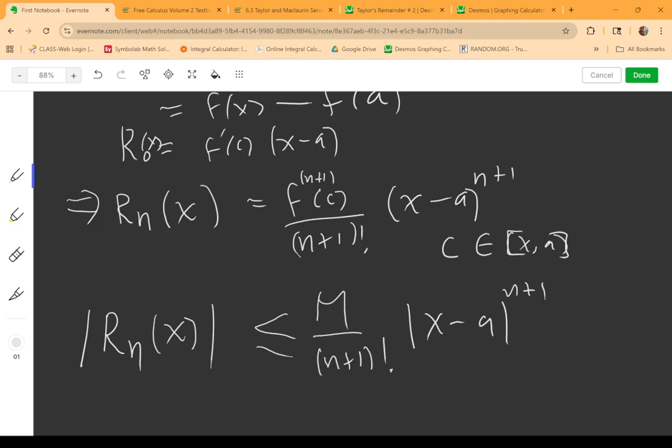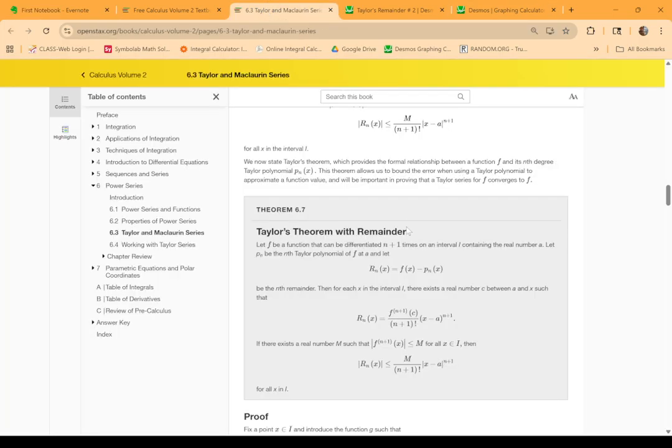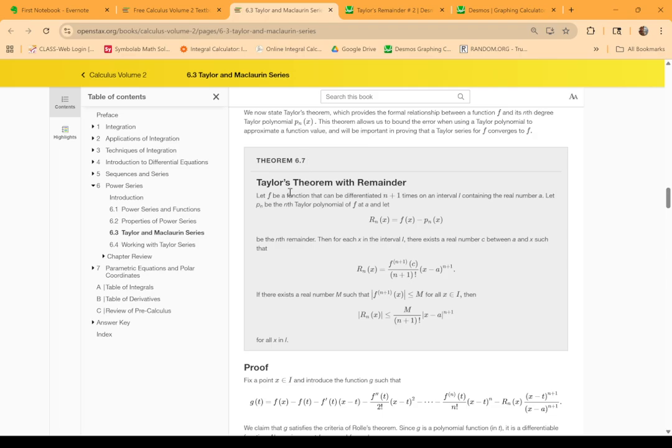And this is Taylor's theorem with remainder. Let f be a function that can be differentiated n plus 1 times on an interval I containing the real number a. Let p_n be the nth Taylor polynomial, so we've established this equation for the remainder. For each x in the interval, the remainder is equal to this expression.